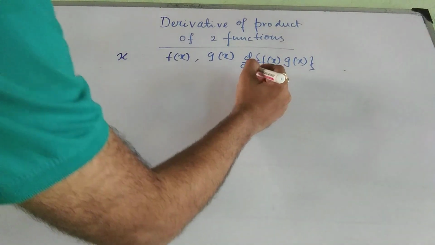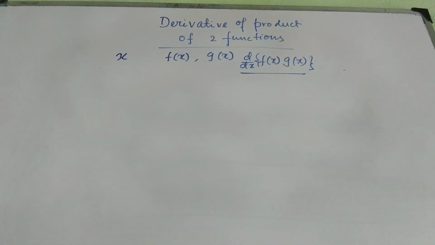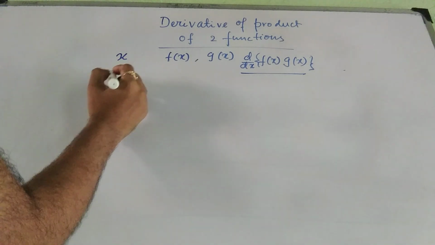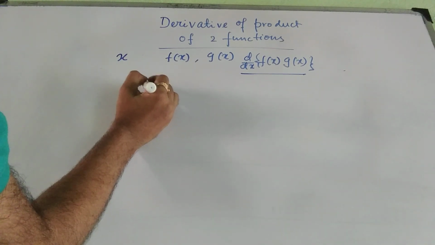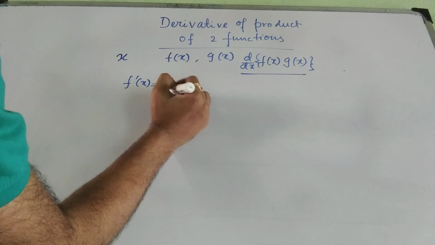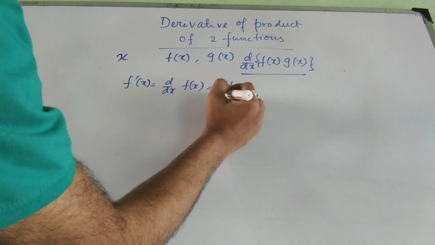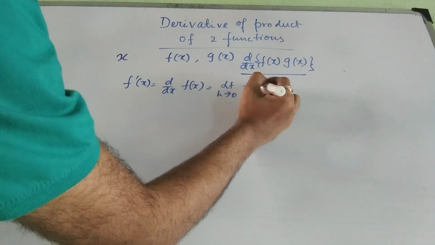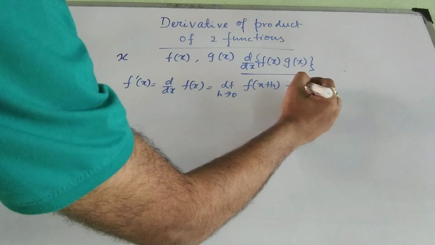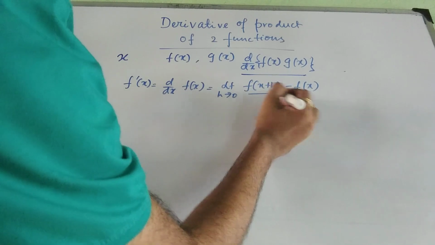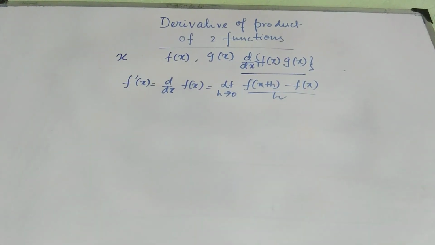So we want to find the derivative of f(x) and g(x). From the definition we know f'(x) equals d/dx of f(x), which is nothing but the limit h tends to 0 of f(x plus h) minus f(x), whole divided by h. h is nothing but an infinitesimally small quantity which tends to 0.